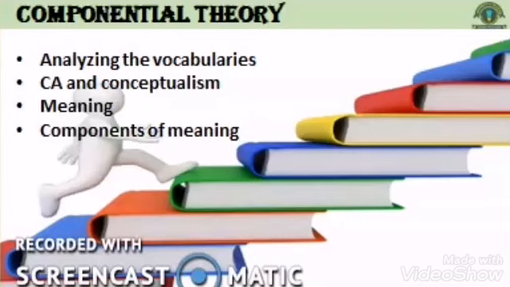The second is componential analysis and conceptualism. The third is meaning: what is the meaning of componential theory and of componential analysis, whether they are the same or different. We will know about this later. And the last point is components of meaning.